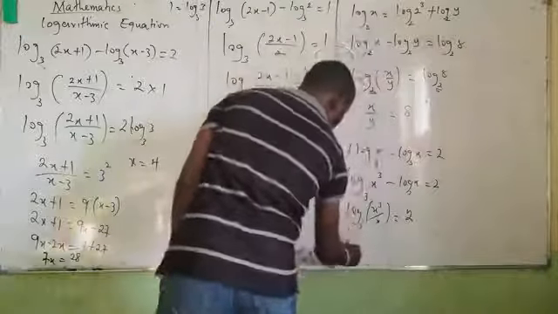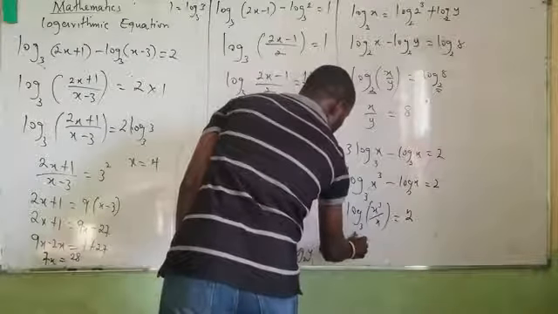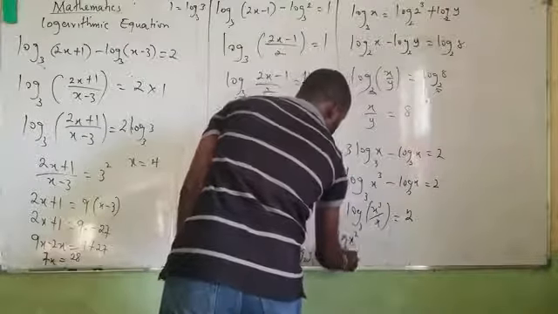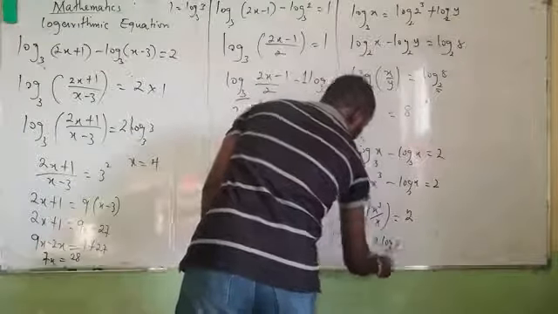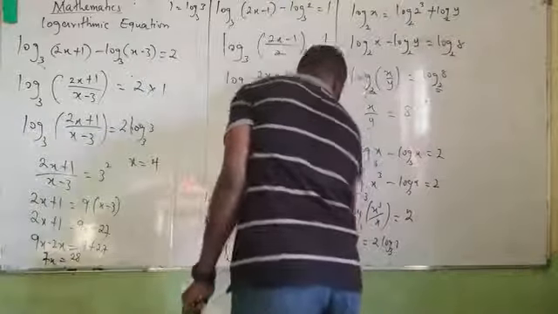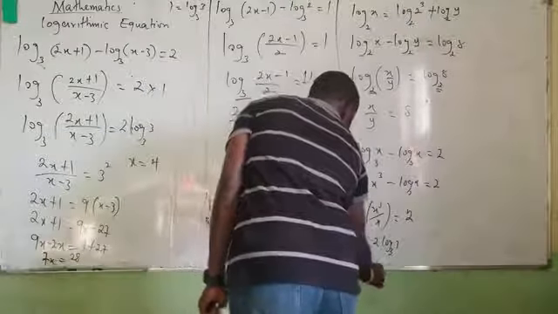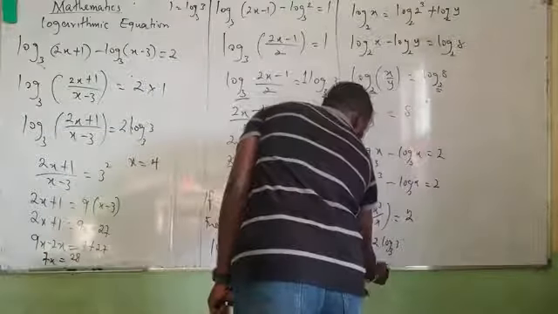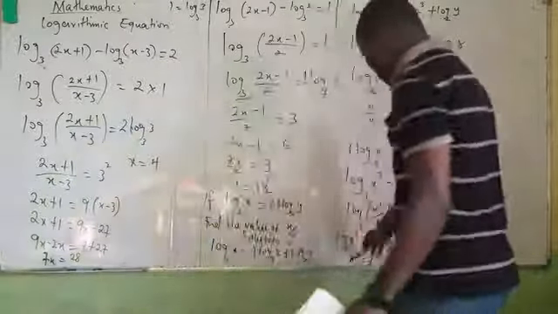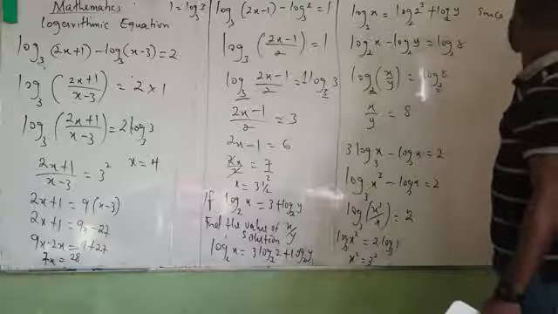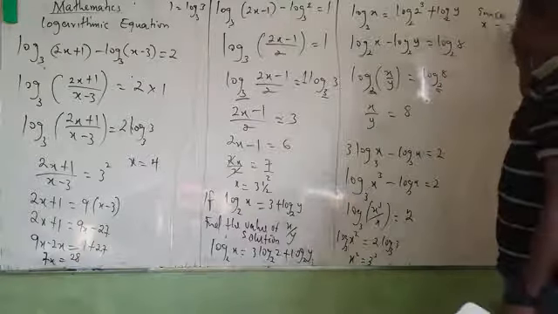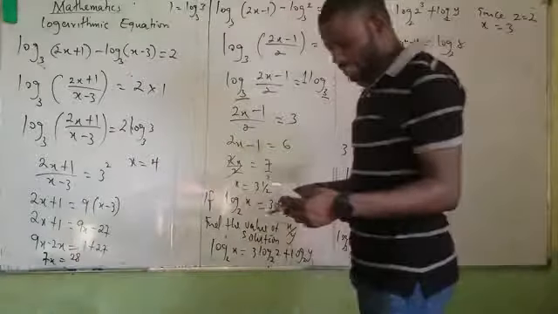Now, this can be equals to x squared, log base 3 equals to 2 log 3, which I will be saying that what? x raised to the power 2 equals to what? 3 raised to power 2. Since 2 is equals to 2, therefore my x equals to 3. My x equals to 3.